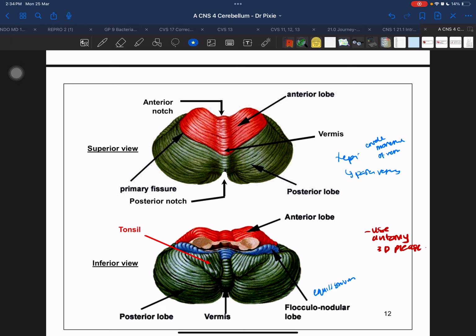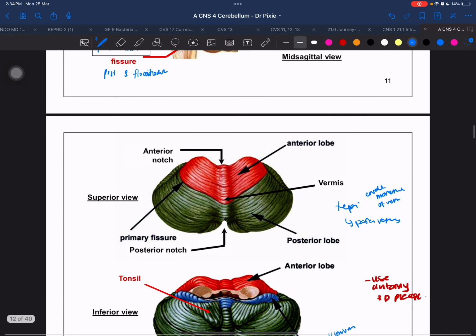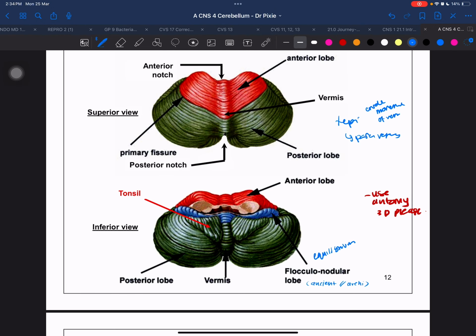This blue color is the ancient part of the cerebellum. It's called the flocculonodular lobe anatomically; functionally, it is archicerebellum. This is the smallest part here, and also the ancient part.